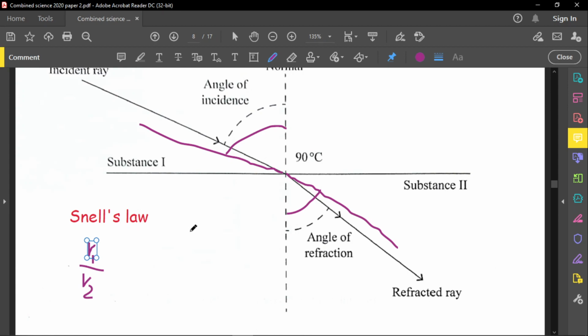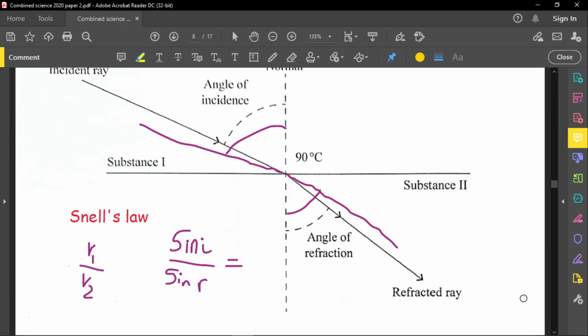Another thing explained by Snell's law is that the sine of the incident angle over the sine of the refracted angle, sine I over sine R, gives a constant value, which is the ratio of refractive indices between the two media. That is also important for you to note. So if you increase the angle of incidence, you also should increase the angle of refraction to get that same value, because it is a constant ratio. So just point that out.